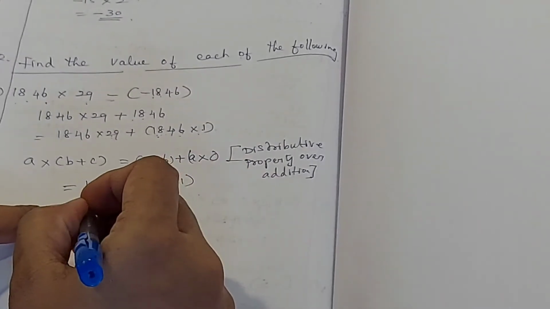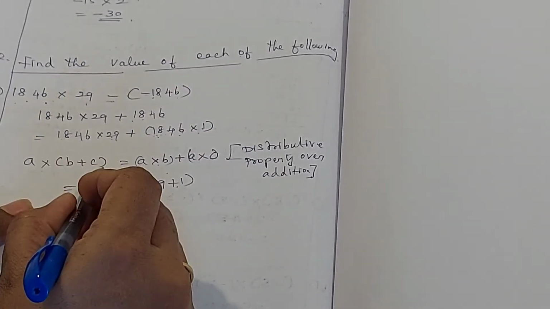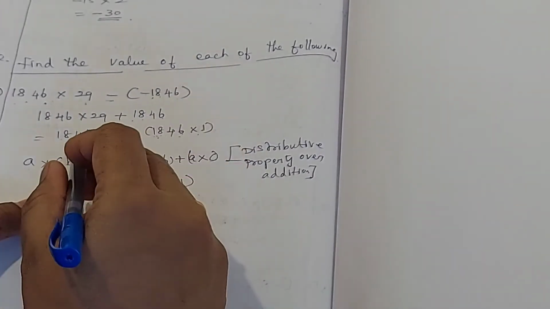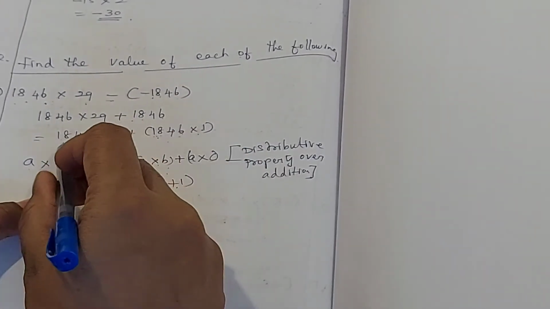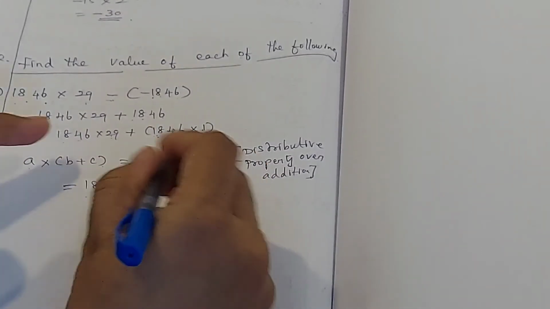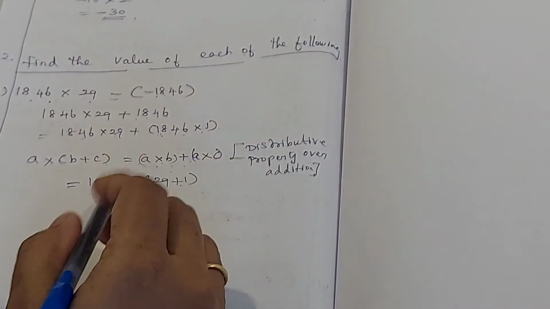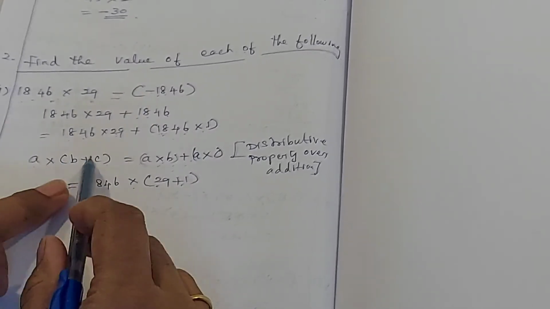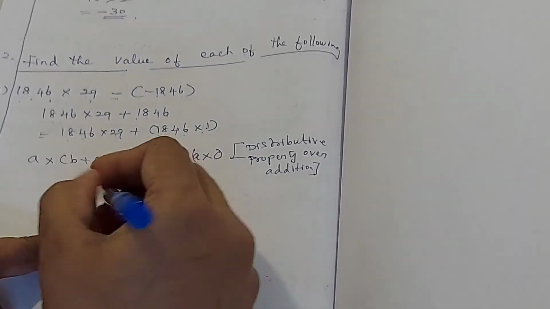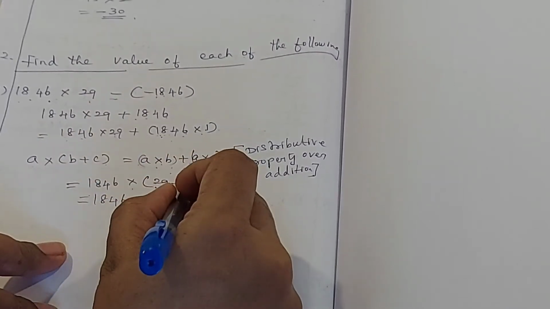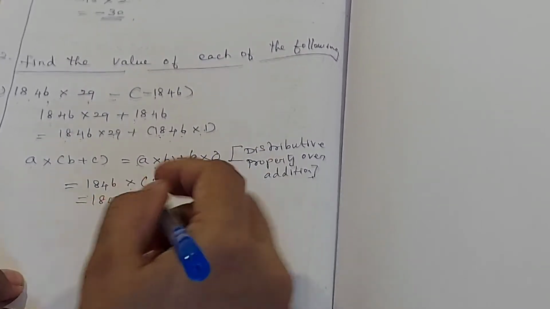So now we can form this distributive property, right? A cross (B plus C) is equal to the given problem A cross B plus A cross C. It is in the form of A cross B plus A cross C. Okay children, so 1846 into 29 plus 1, we will get 30, right?